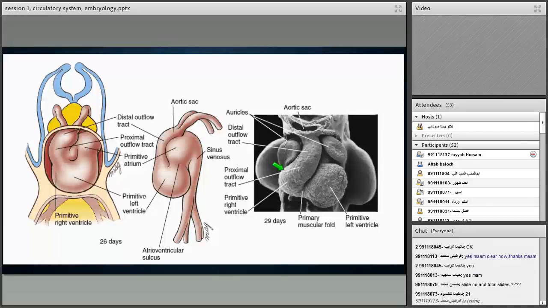I'm talking about slide number 14. Also in this slide, I found some pictures of the cardiac looping for you to understand it better.